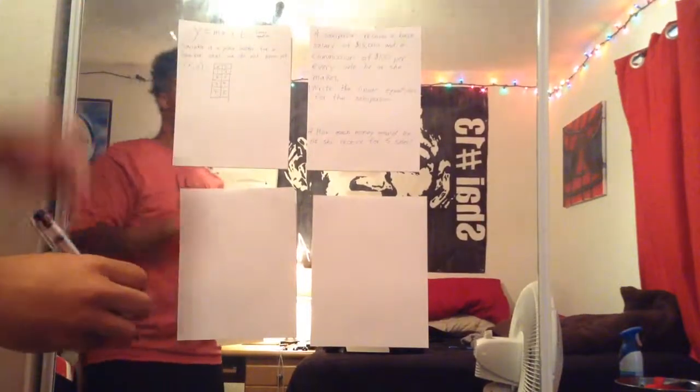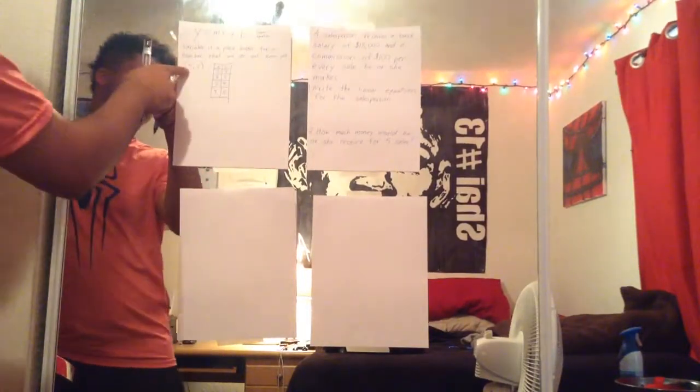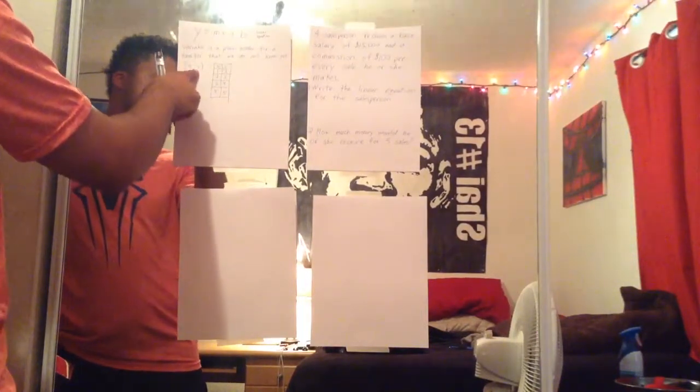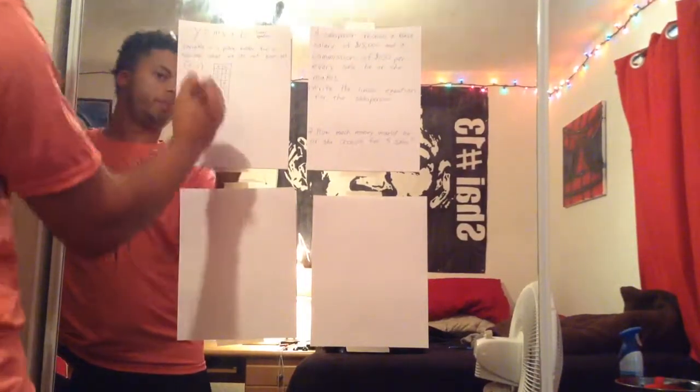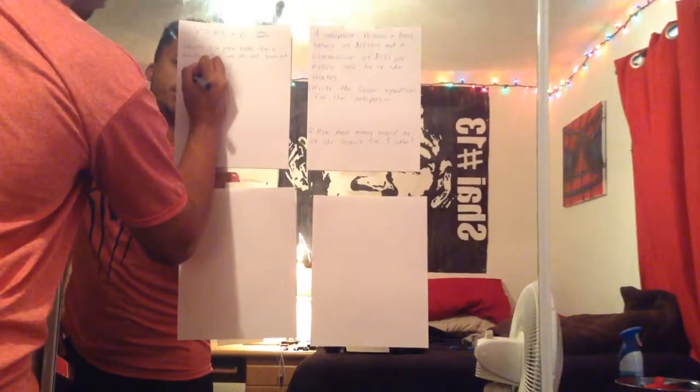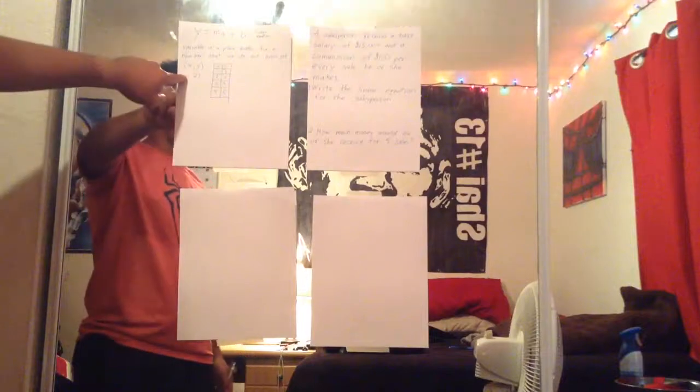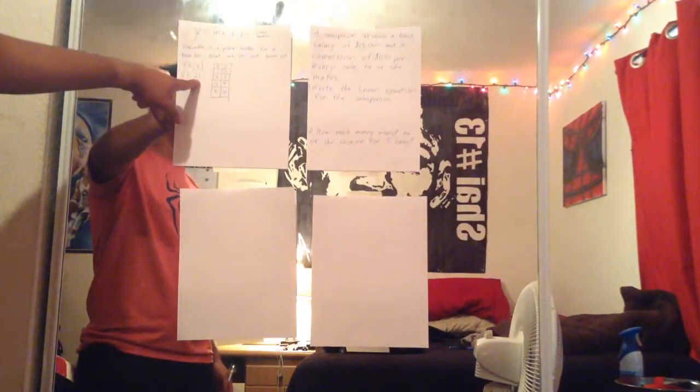Just like that. So, for instance, our x in the coordinate will always be our left number, and our y will always be our right number. So if we're given the coordinate 1, 2, our 1 is our x, and our 2 is our y.